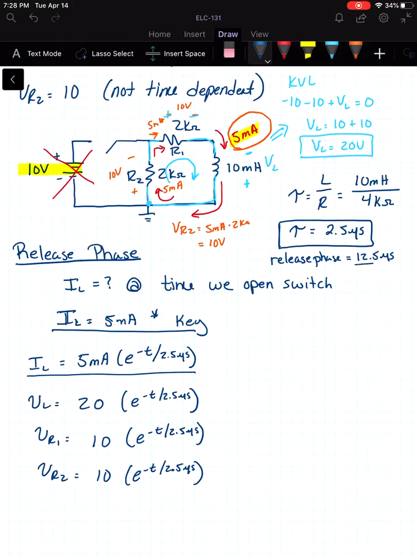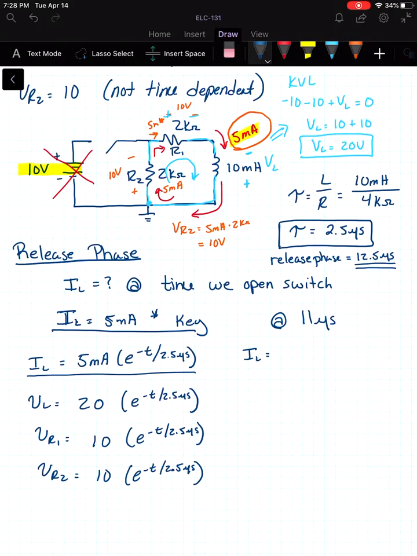Okay, so like I said, it's going to take us about 12.5 microseconds for our current to get back to 0. So what if we wanted to calculate each of these properties at 11 microseconds? That's just a little bit before we get to 0.